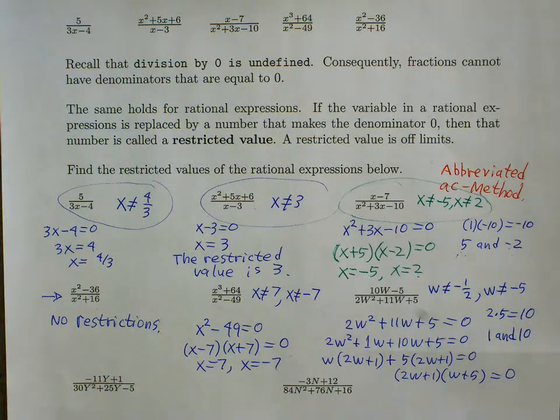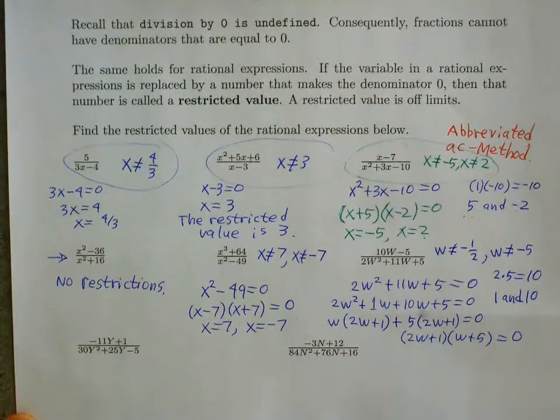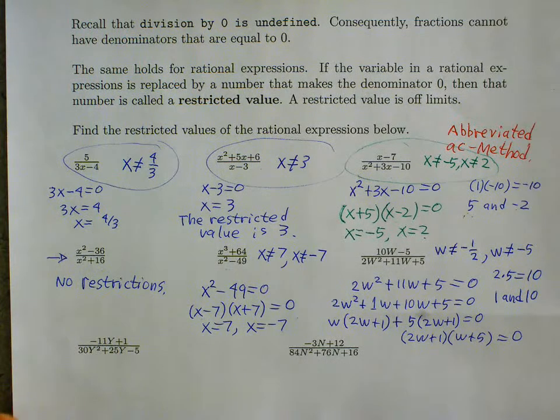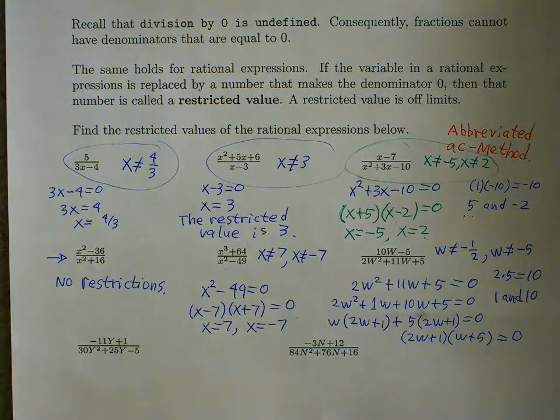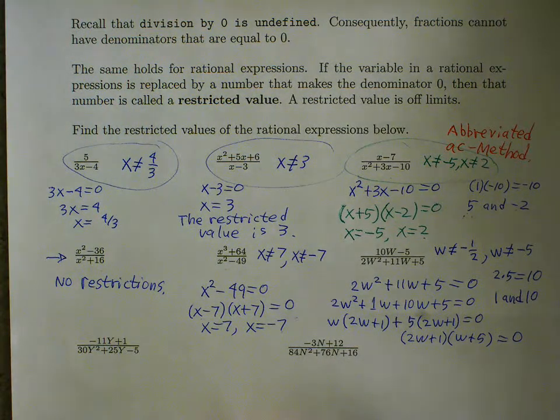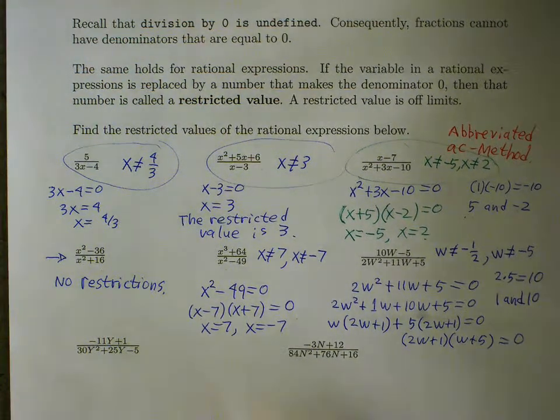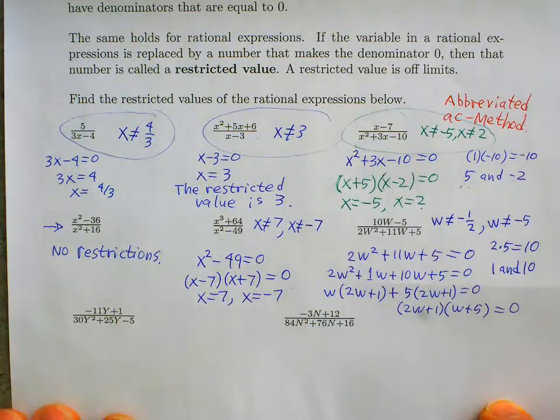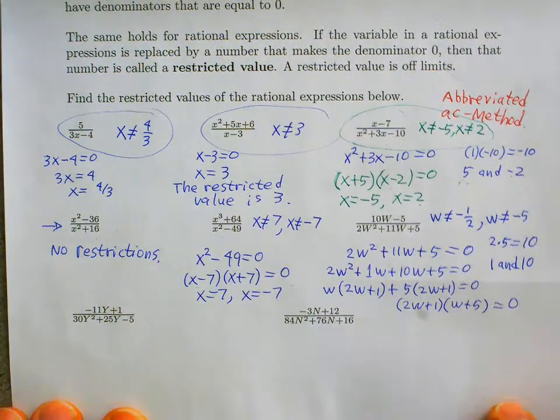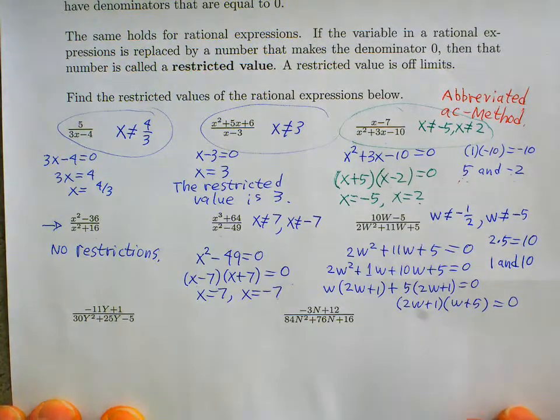Okay, a couple more. So this one on the left, negative 11y plus 1 divided by 30y to the second plus 25y minus 5.